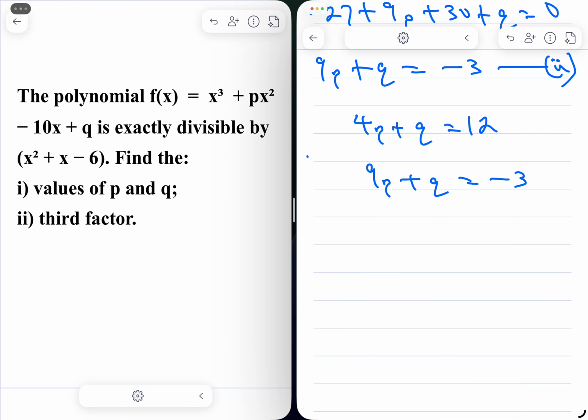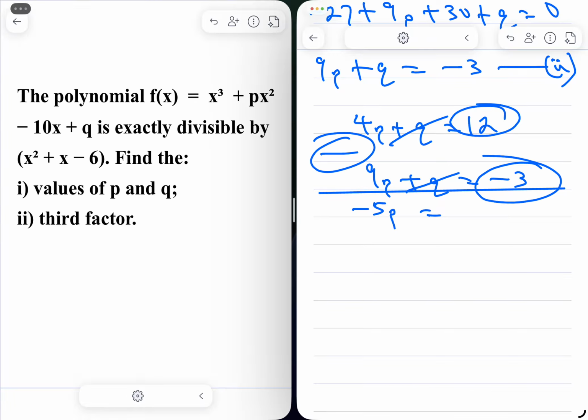I can subtract equation 2 from equation 1 to eliminate q. 4p minus 9p is minus 5p, q minus q is 0, and that's equal to 12 minus minus 3.